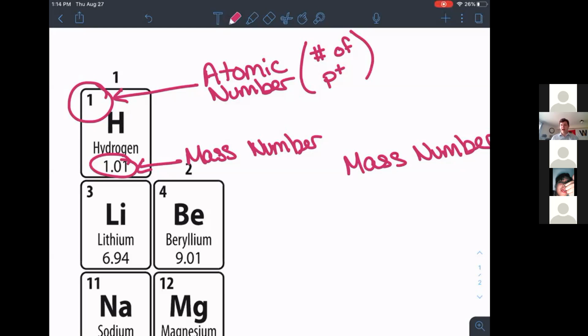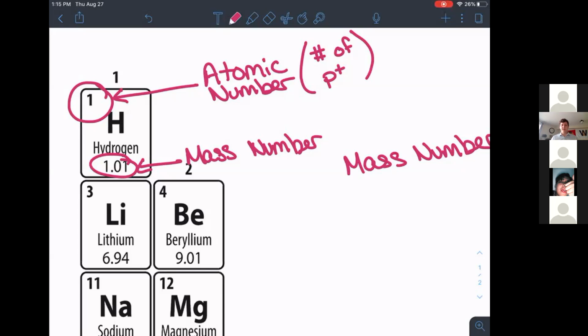So that means, do we have 0.1 neutrons? Yesterday, were you able to put 0.1 neutrons of anything? No. So that decimal point is because there are these things called isotopes, which we'll get to a little bit later.